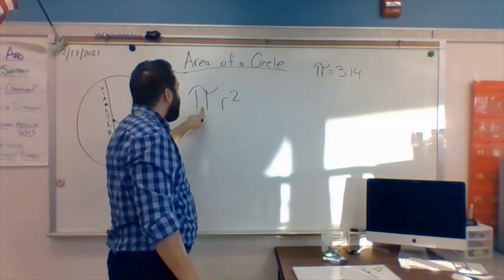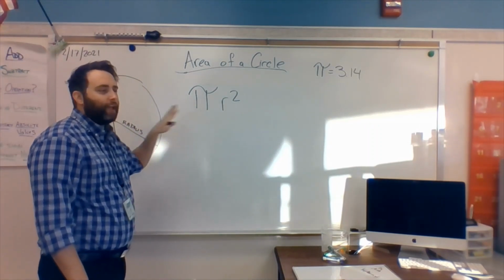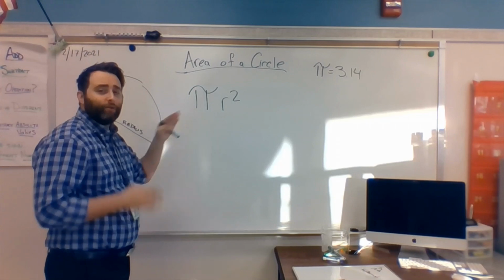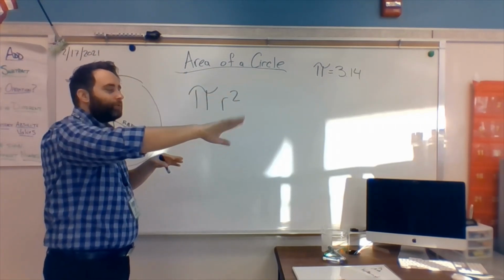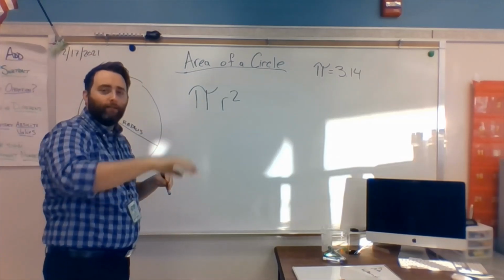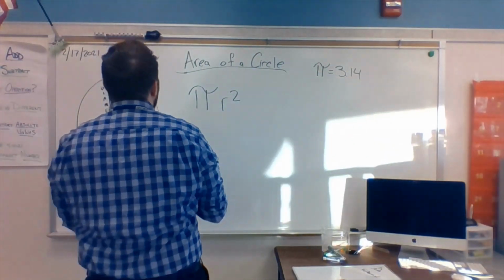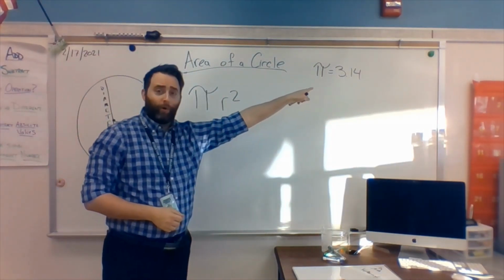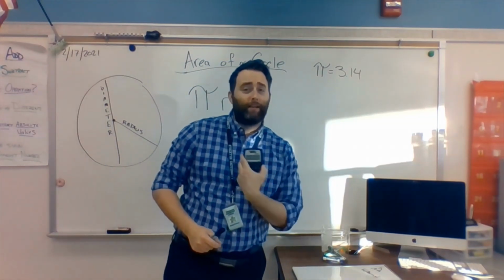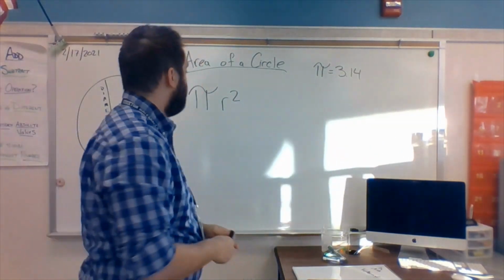We represent that with this cool little swirly symbol. It looks like a cross between an Asian temple and the Enye in the Spanish language, so a little mix of cultures there. So it's pi, which is 3.14, and yes, you'll even see me use a calculator. I'm not going to work that in my head.